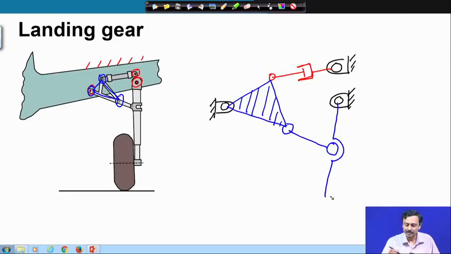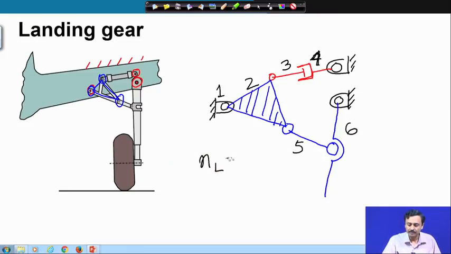So, again let us start counting. Ground is 1, ternary 2. Now, here the actuator is composed of two links, two rigid bodies which have a p pair between them. So, we count 3, 4. This binary is 5 and this binary is 6.